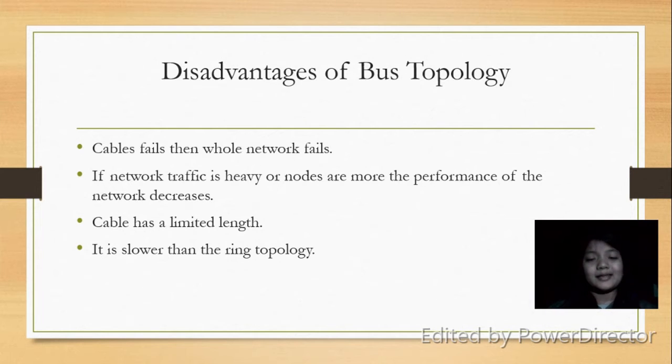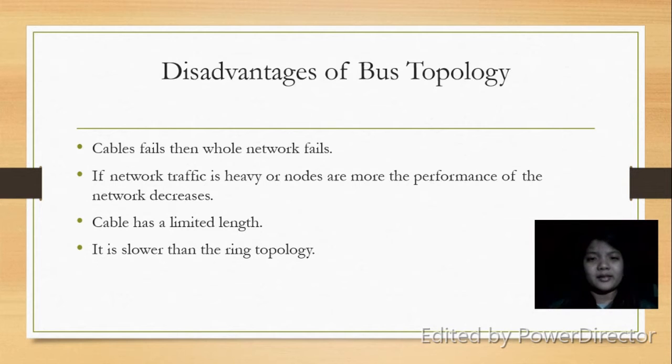Then the disadvantages of bus topology. First, if the cable fails, then the whole network fails. Since it is using a single cable, when the cable fails, all the network fails. Then if network traffic is heavy or nodes are more, the performance of the network decreases.